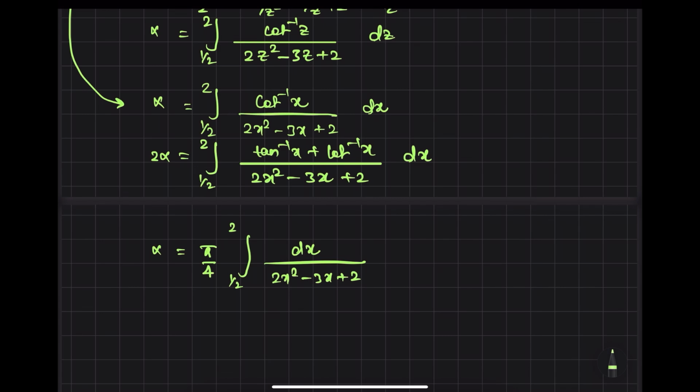We will use the completing the square method. First we will take 2 common. So we will be left with pi by 8 integration from 1 by 2 to 2 dx by x square minus 3 by 2 x plus 1.